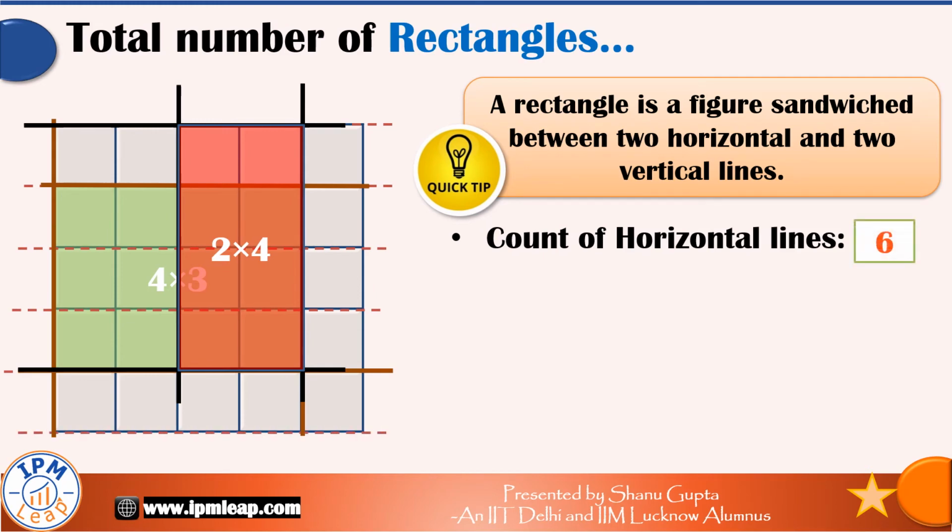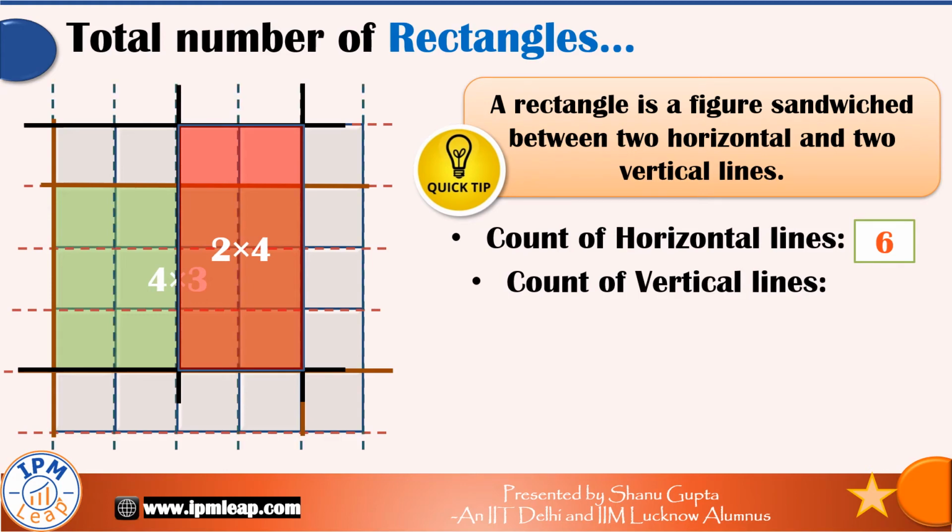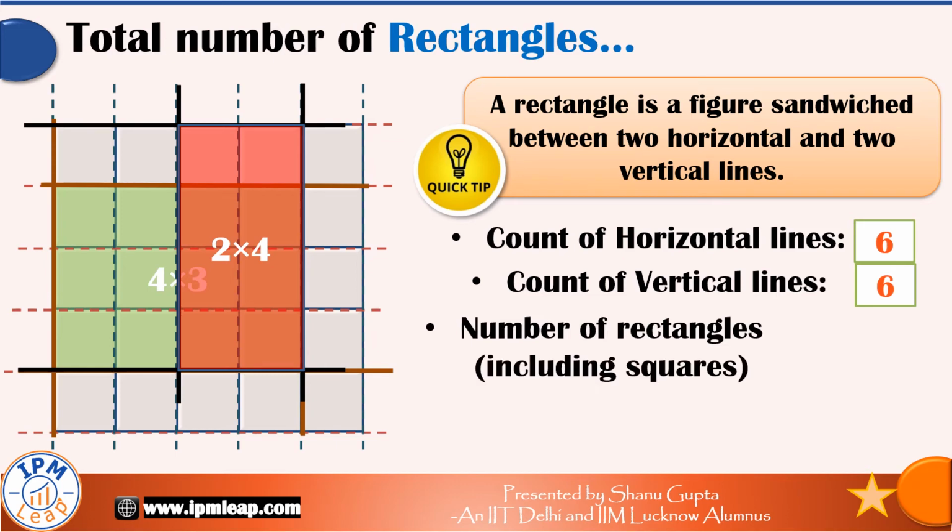Similarly, how many vertical lines? 6 of them. Now, a rectangle is a figure sandwiched between two horizontal lines and two vertical lines. So what we need to do is pick two horizontal lines out of 6 and two vertical lines out of 6. In how many ways can we do that? Two unique lines out of 6 can be picked in 6C2 ways, where C stands for combinations.